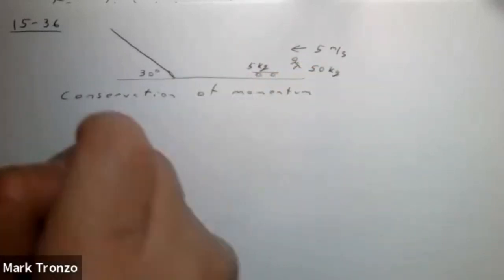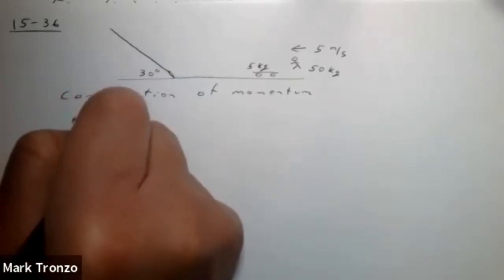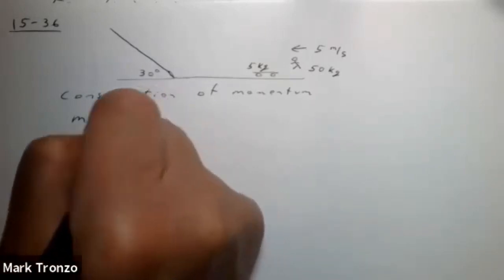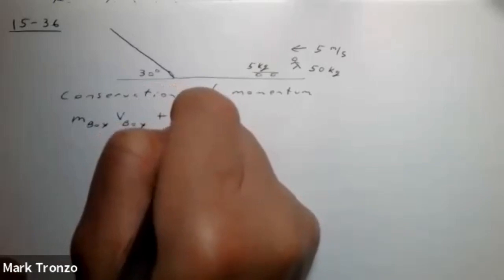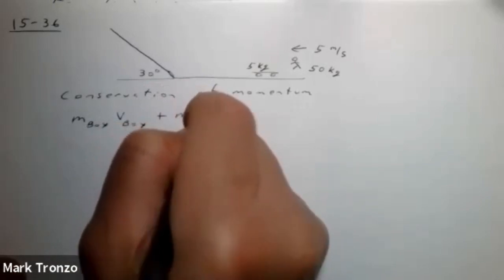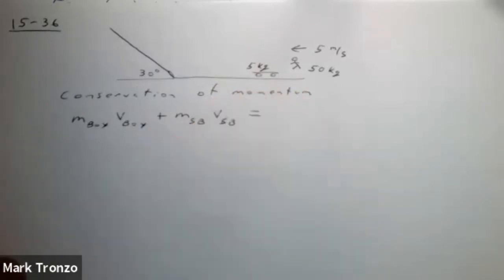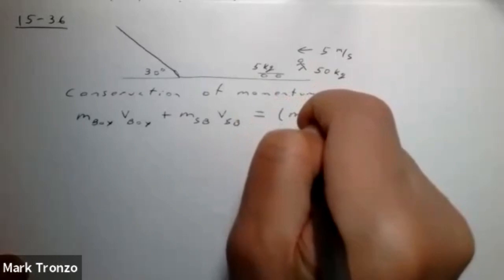And so we have, say at the beginning, the velocity of the boy, and then plus this skateboard, velocity of the skateboard before he jumps on. And then afterward, they're going to move together.